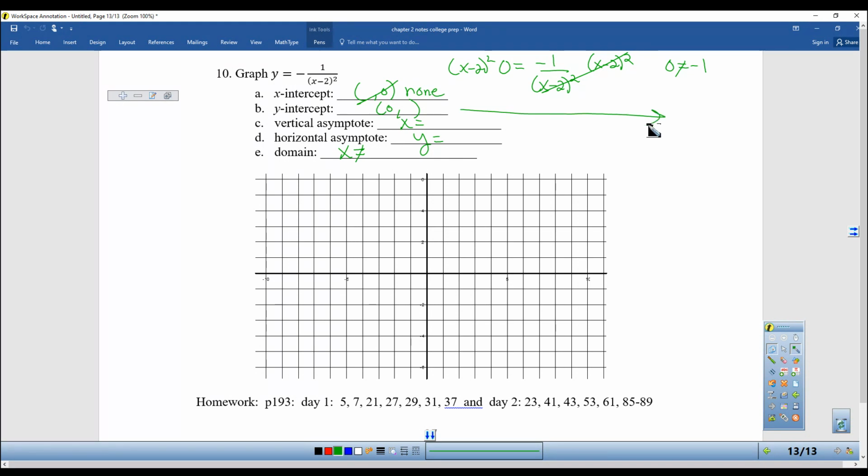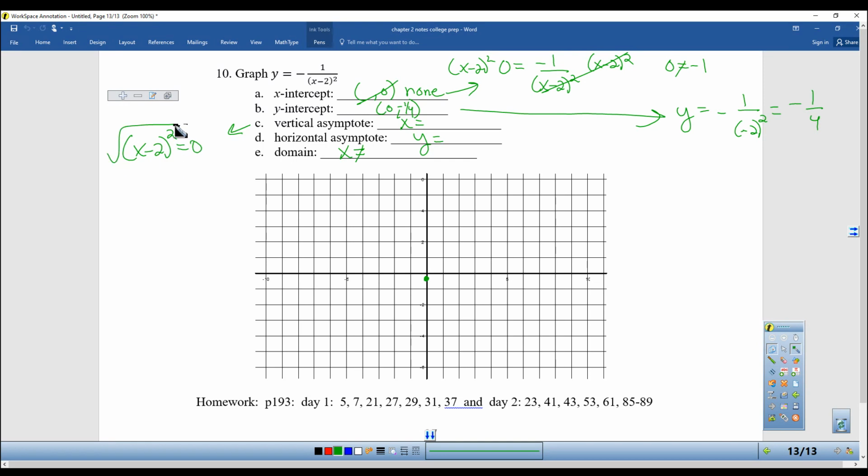The Y-intercept is found by letting the X be 0. -1 over 0 minus 2 is -2 squared, so -1 over 4. So I'm going to plot that, 0, -1/4. The vertical asymptote is setting the denominator equal to 0.